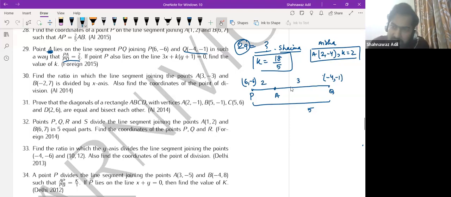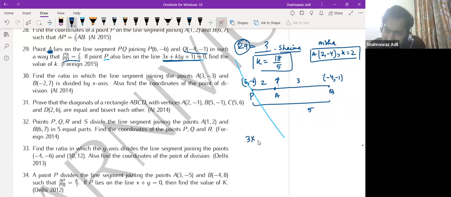And in the question, they have said that this line passes through this point. So if we already know this value, we don't need to calculate the coordinates as well. I made a mistake in the coordinate. Yes, that is why I was saying read carefully.